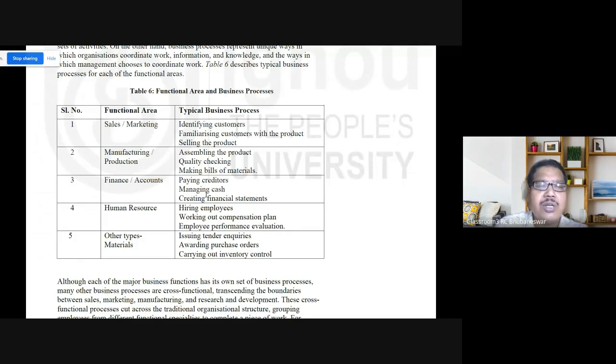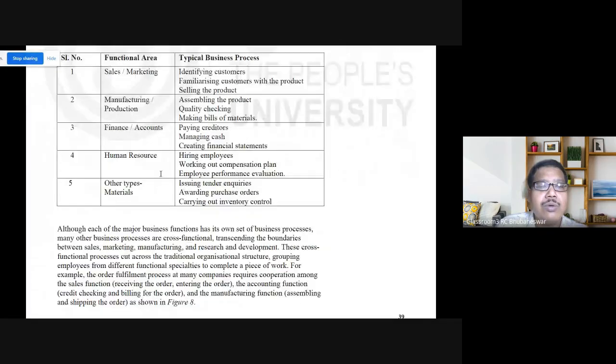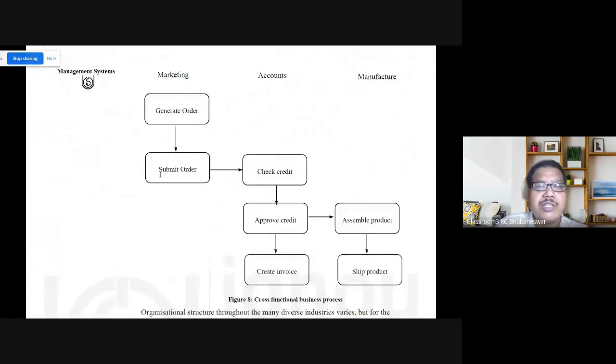Finance: looking into the payable credibilities, managing the cash, and so on. HR management: hiring the employee and looking into how schedules can be made. Then finally material management: issuing the tender and trying to acquire the tender as soon as possible. So that could be part of your functionality with respect to business management.